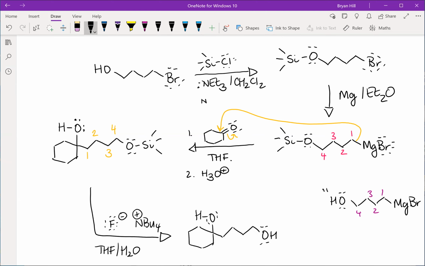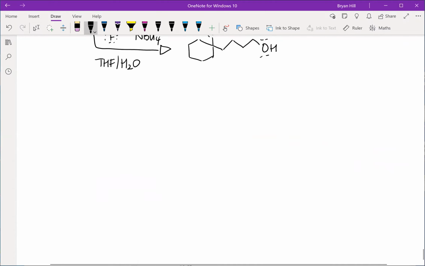Any nitrogen-based non-nucleophilic base, basically any tertiary amine like triethylamine, you could use, or this guy here, which is pyridine. Those are all useful bases you can use, but triethylamine is the most common one.